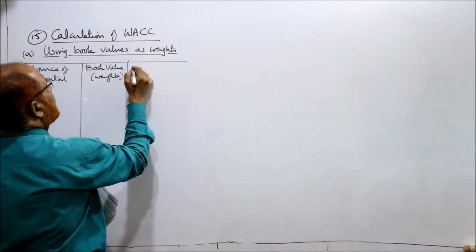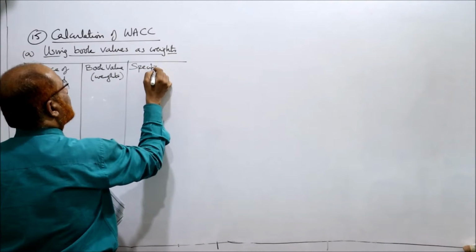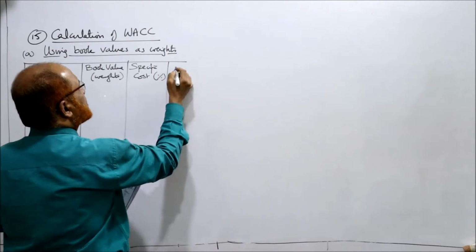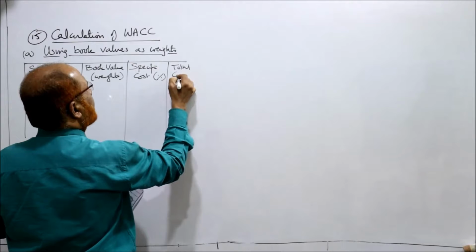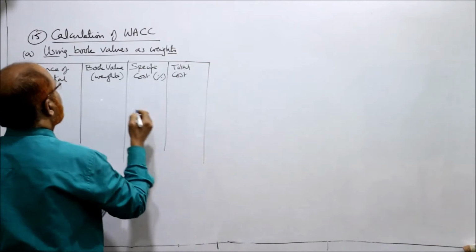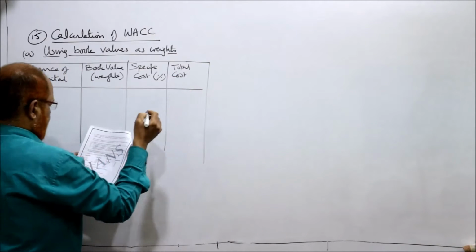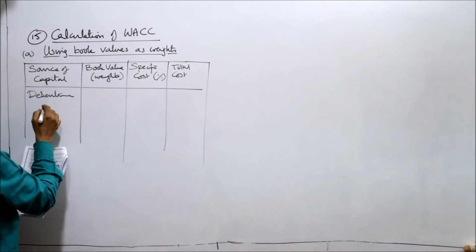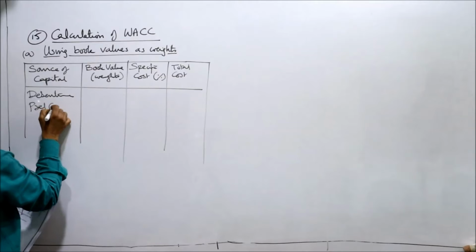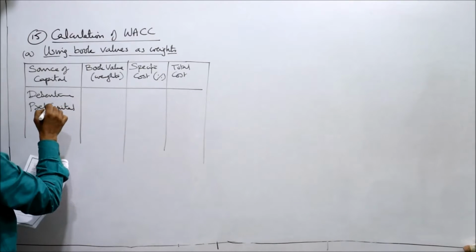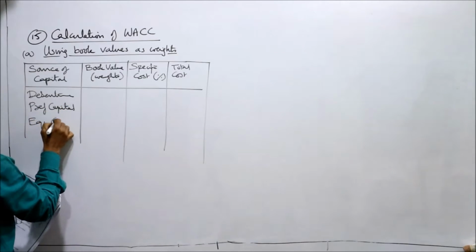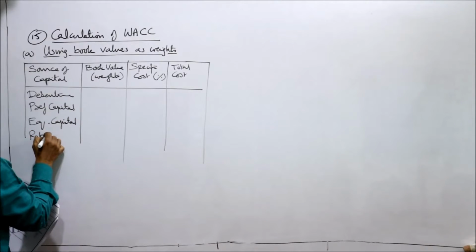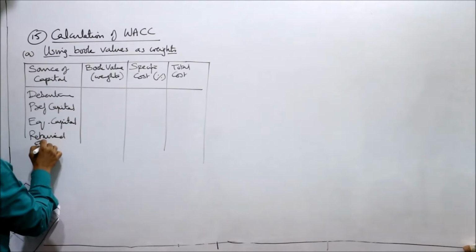Then we have specific cost. Last we have total cost. First debentures. Then we have preference capital. Next we have equity capital. Last one we have retained earnings.